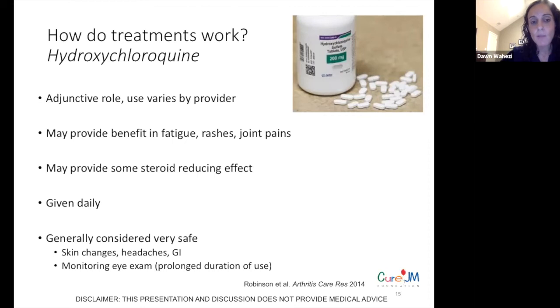There may be some benefit in improving fatigue, rashes, joint pains, and it may have some steroid sparing effects, but it hasn't really been proven, which is why there's some variation in how people use it. It is given daily, and it's considered a very safe medication. We use it very commonly for other illnesses such as lupus and other autoimmune diseases that are similar to JM.